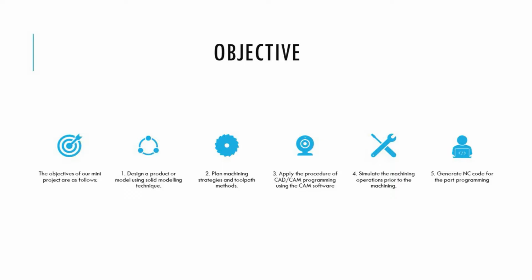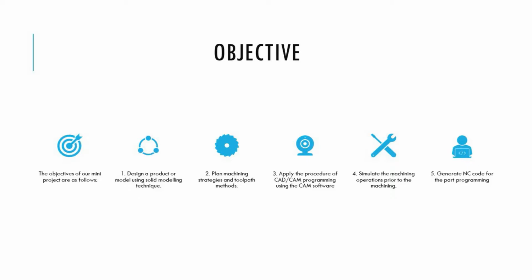So the objectives for our project are: first, we have to design the product using SolidWorks or any CAM modeling technique. Second, we have to plan machining strategies and toolpath methods.